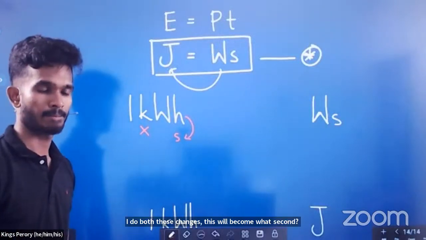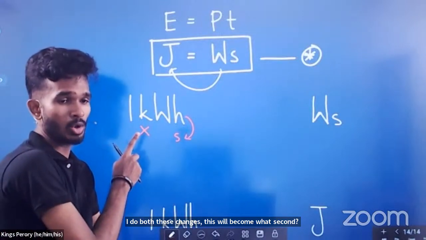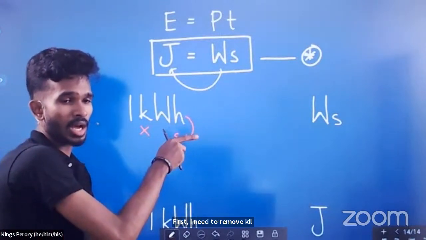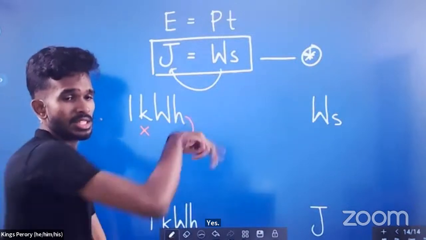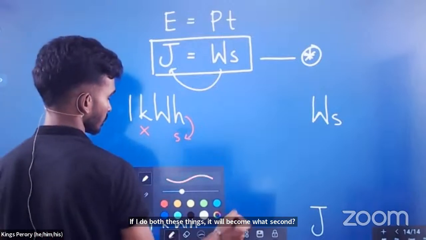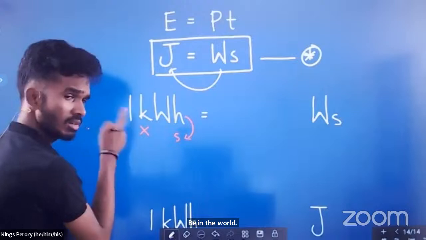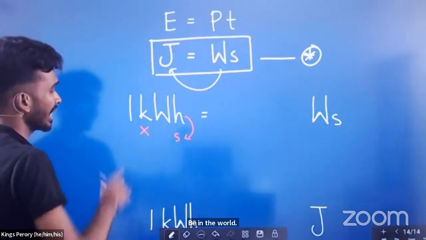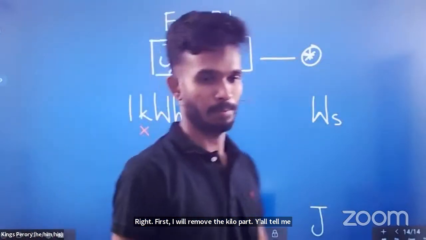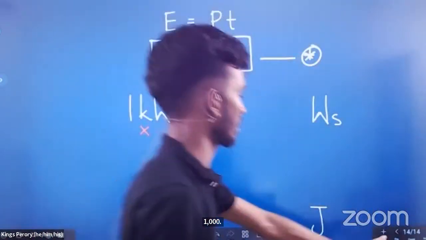Agree? First, I need to remove the kilo part. Then I need to convert hours into seconds. If I do both, it will become watt second. First, I will remove the kilo part. Kilo means what? 1,000.